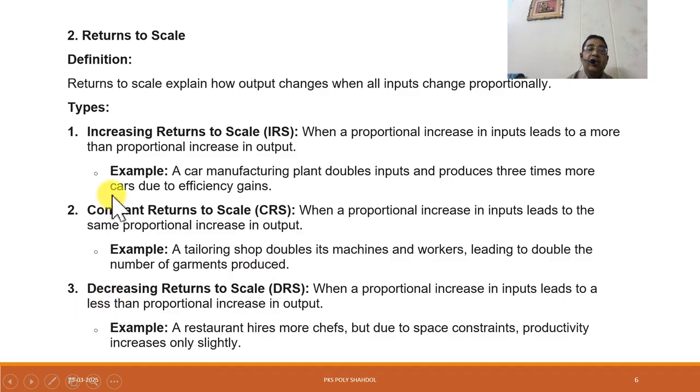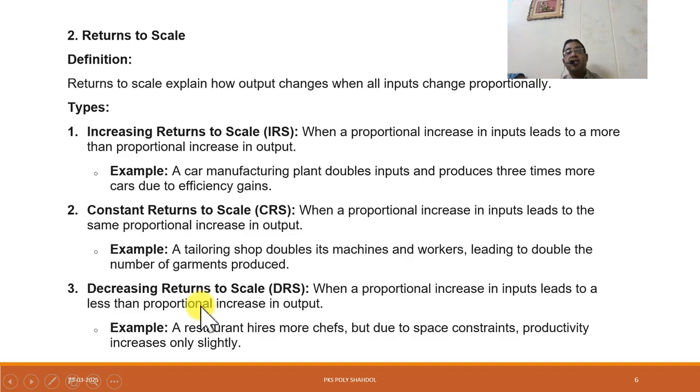Similarly, third, decreasing return to scale. So increasing, decreasing and constant, only three types. The decreasing return to scale means when the proportional increase in input leads to less than proportional increase in output. Means when you change the input in your production by 2 units but only 1 unit or less than 2 units increase in output.